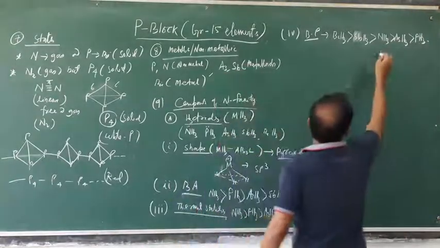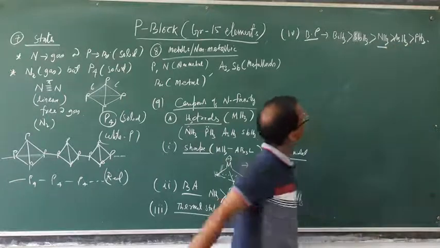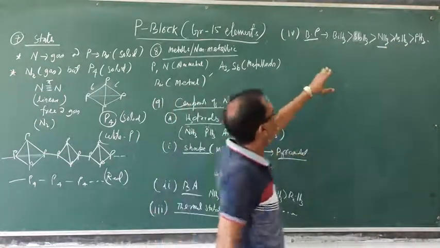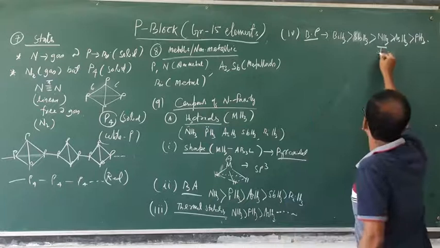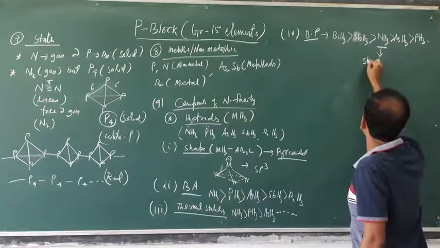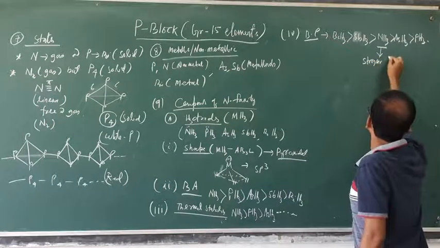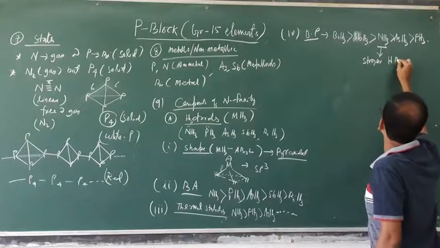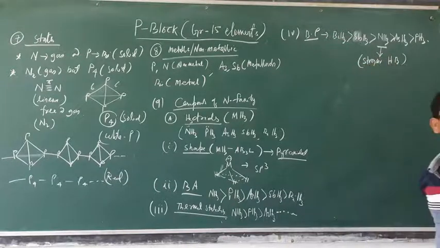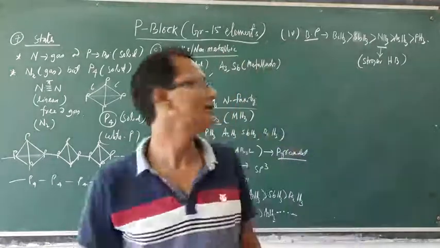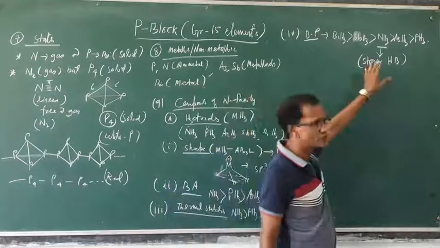Why is ammonia coming just in the middle? Because ammonia has stronger hydrogen bonding. This is the answer. As the ammonia molecule is a more polar molecule, the hydrogen bonding is stronger.